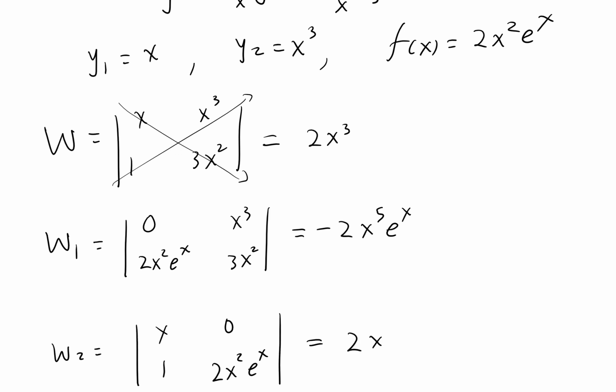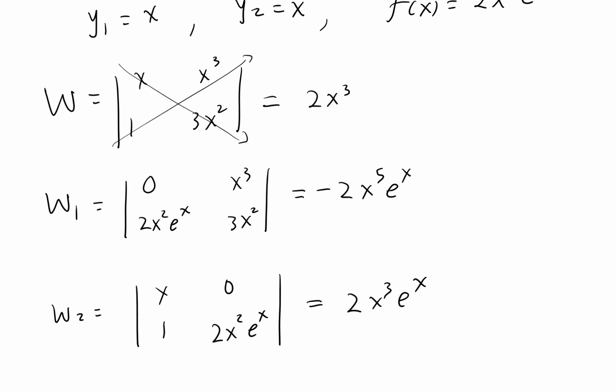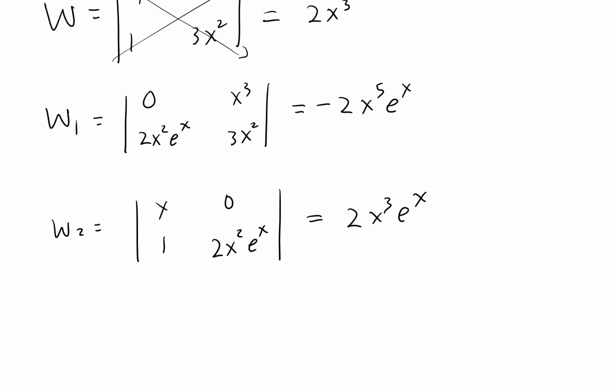This gives 2x cubed e to the x. Remember, we need to find u1 and u2. So we start: u1 prime is w1 over w. Simplify, you get negative x squared e to the x.